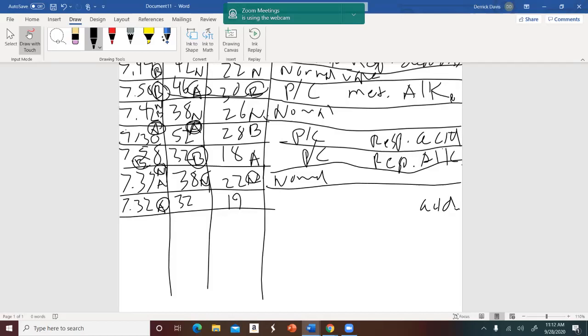CO2 of 32 is basic. Well, that's not going to be a respiratory acidosis, we can already see that. And then a bicarb of 19, that's a very low bicarb. A normal bicarb is 22 to 26, and low values mean an acidic bicarb level. So I have a metabolic.